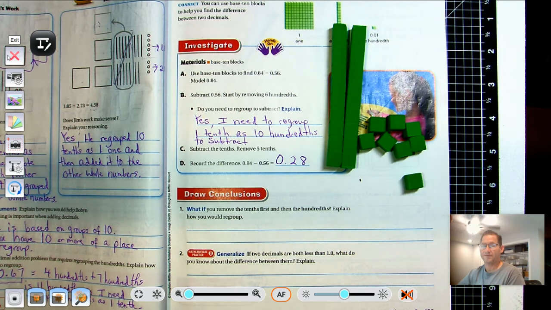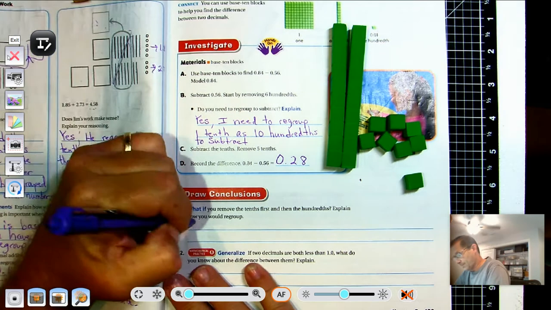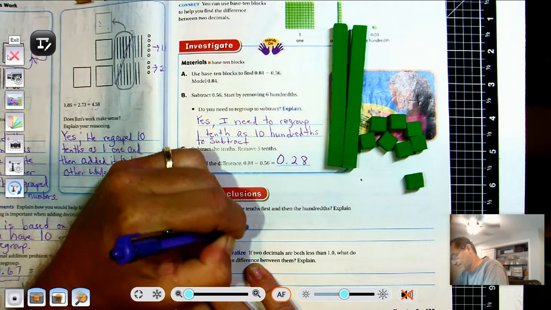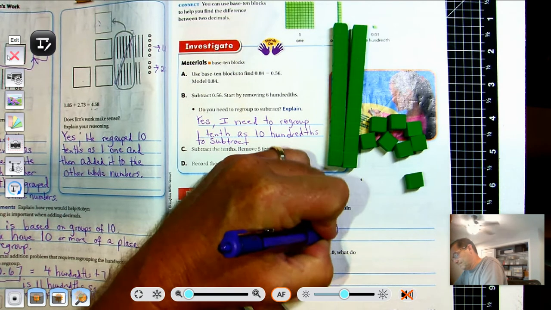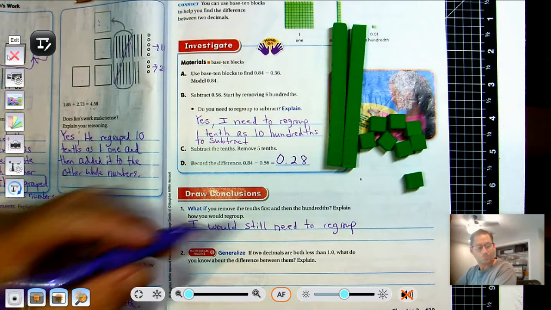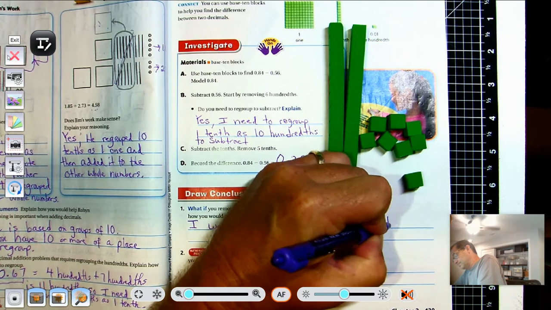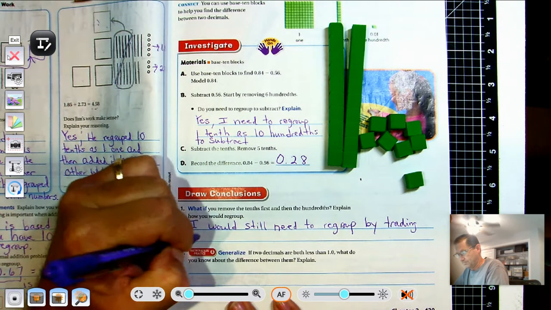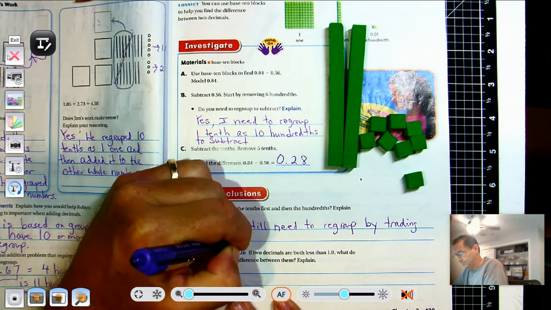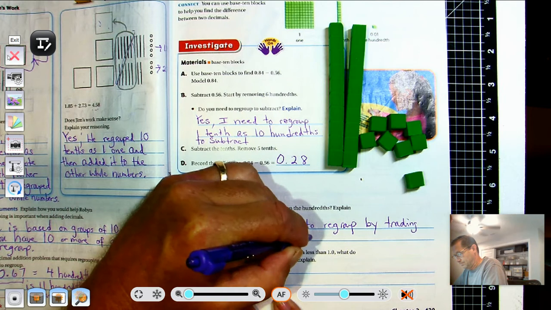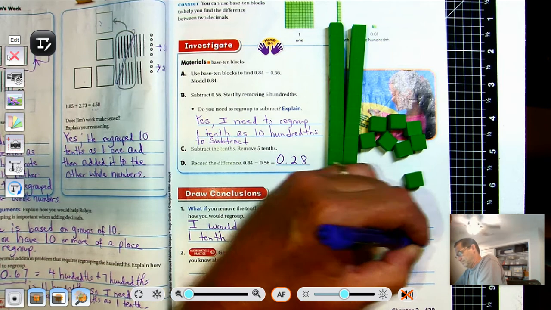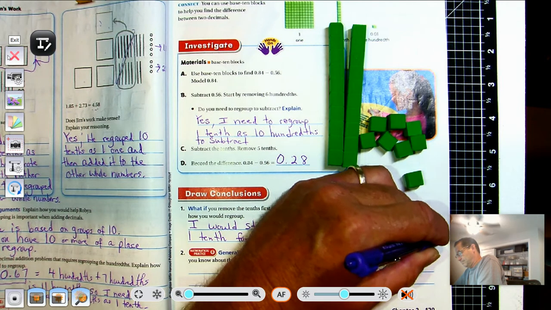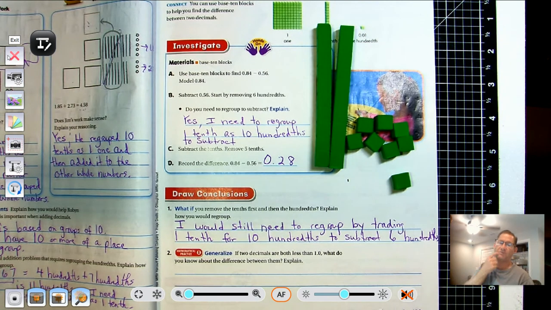So you'd still need to regroup 1/10 for 10 hundredths to subtract 6 hundredths.